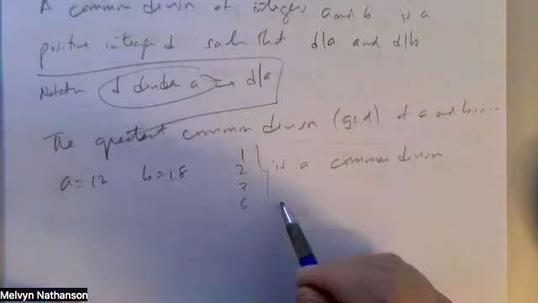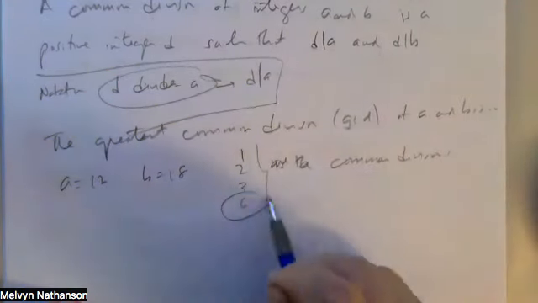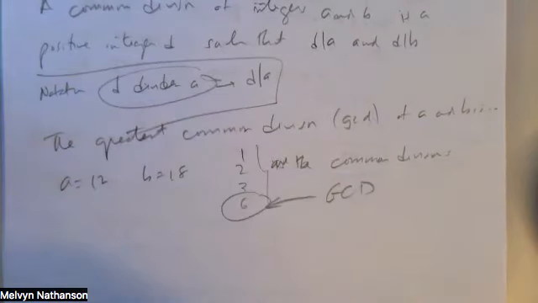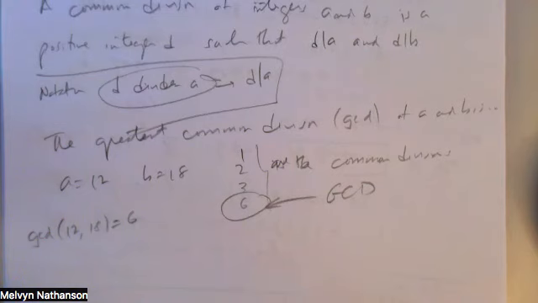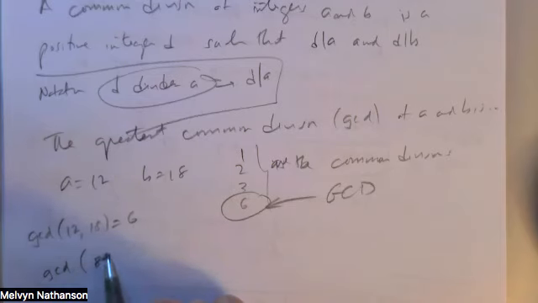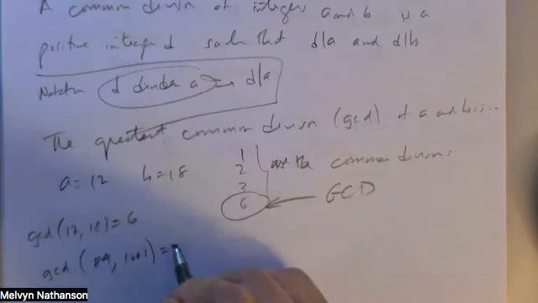What's the greatest? 6 is the greatest common divisor. And the notation that we use is GCD of 12 and 18 is 6. The GCD of 84 and 1001 is 7.